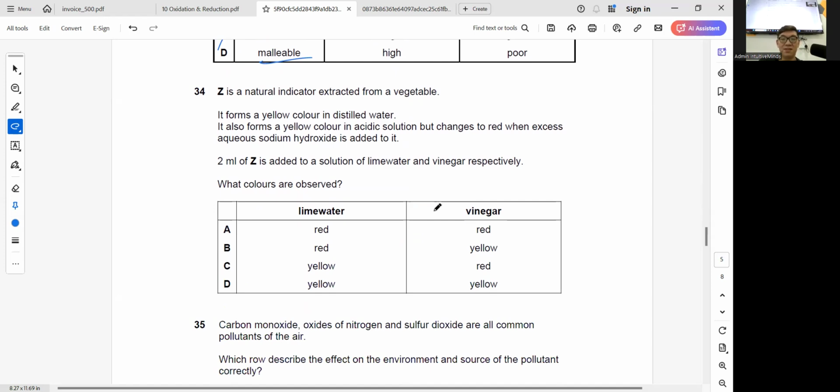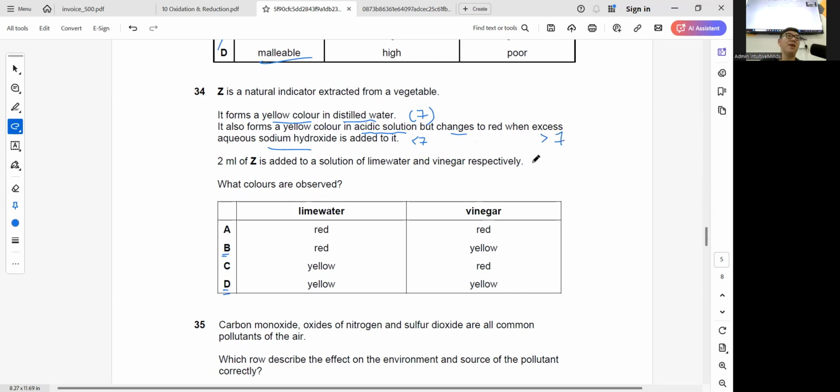34, what's your answer? I got a B. Let's see who is correct. It forms a yellow color in distilled water. Distilled water is pH 7. It forms a yellow color in acidic solution, so below 7, but changes to red when sodium hydroxide is added, so more than 7.